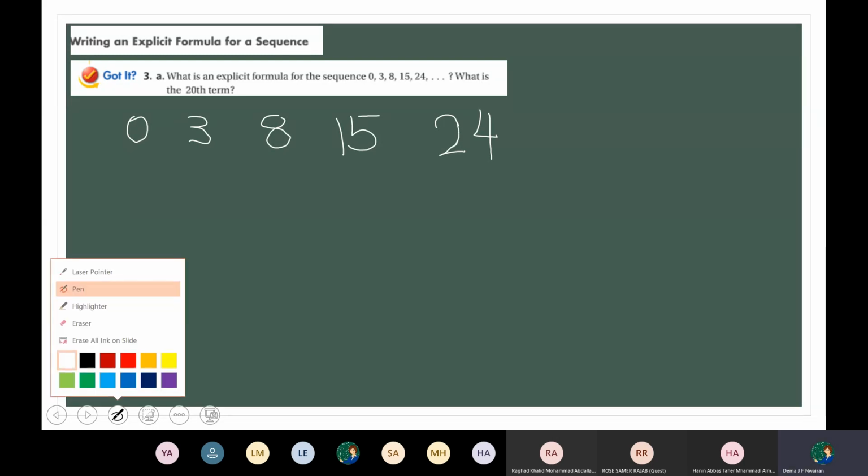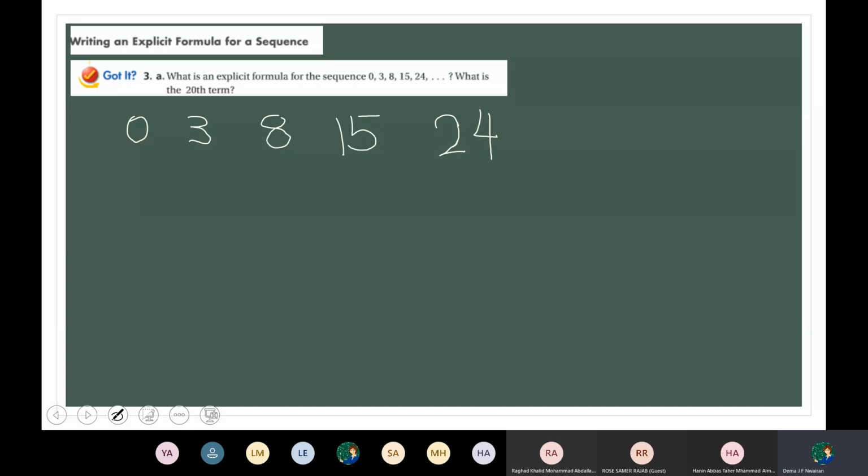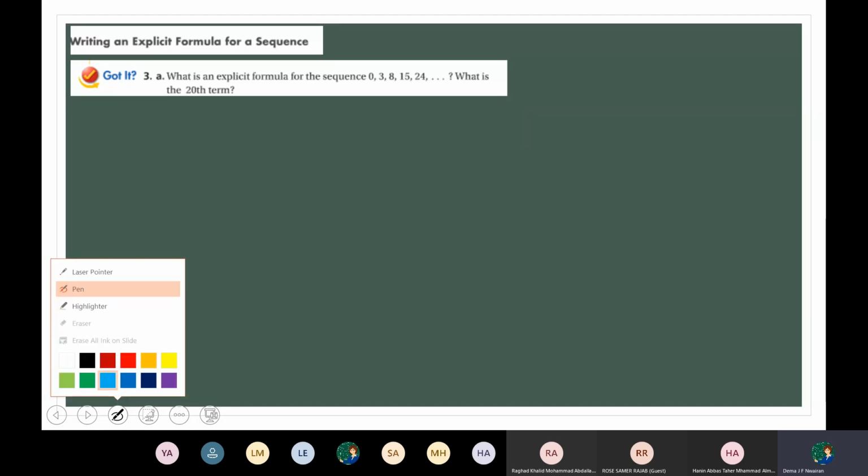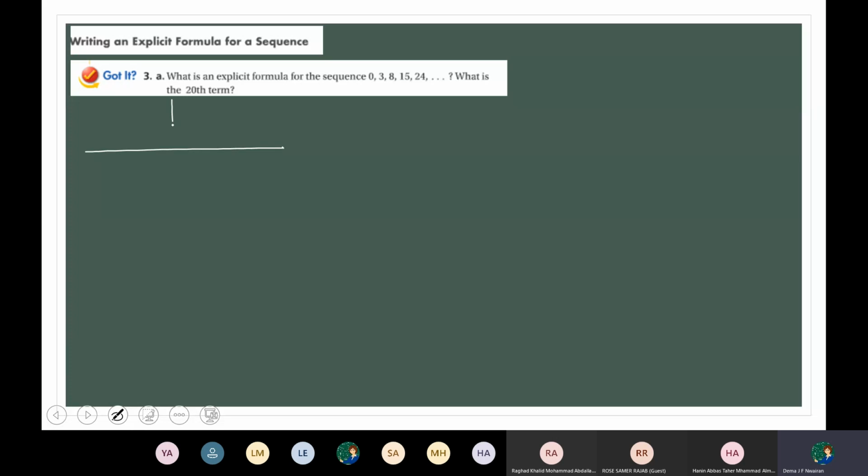Here now, if we have 0, 3, 8, 15, 24. In the explicit formula, I need to find the relation between the number of the term and the term.